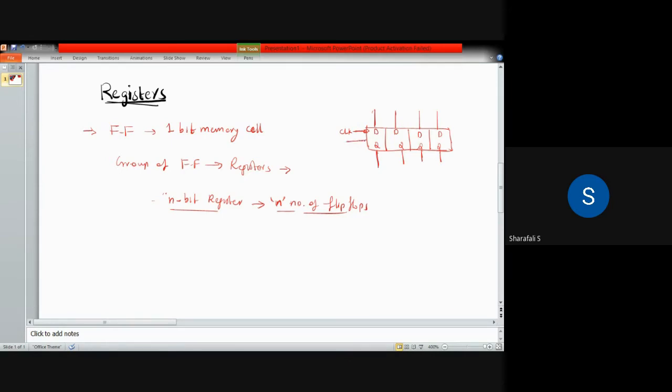So we have another connection called load. This can be a synchronous load or an asynchronous load. And we also have one more connection, which is the clear. Clear means if you give a signal to this clear, it will erase all the data in the memory.